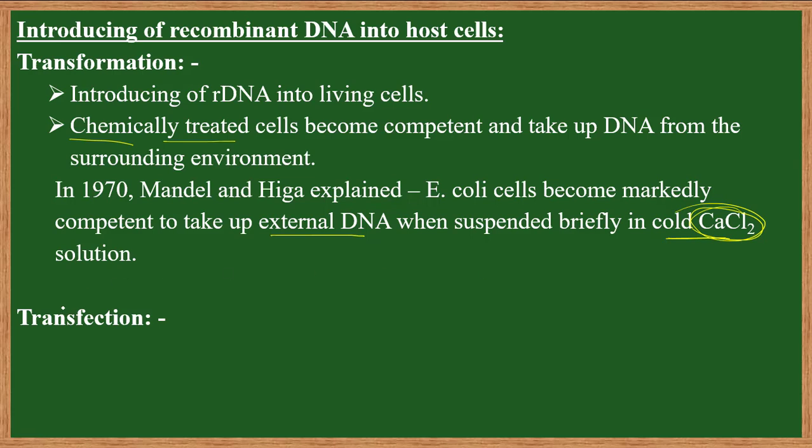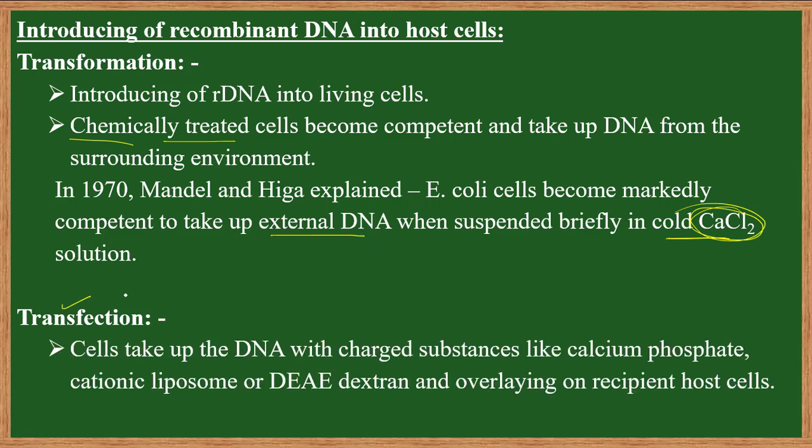The second is transfection. In transfection we use charged substances, such as calcium phosphate, cationic liposome, and DEAE dextran. With the help of these substances DNA can enter the host cell.